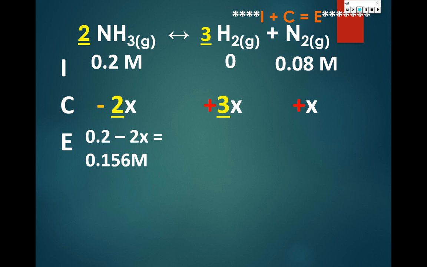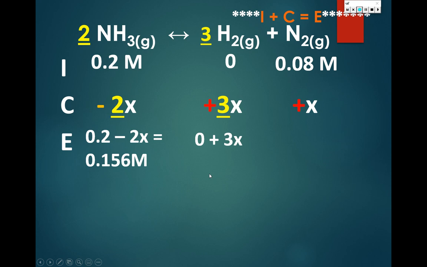So now we don't know anything else at equilibrium. So all we can write is I plus C. So here, I'm going to write the 0 plus 3x. 0 plus 3x is just 3x. So again, once you do a bunch of these questions, you might want to just get rid of that. That's fine. Or you can write it out every time.